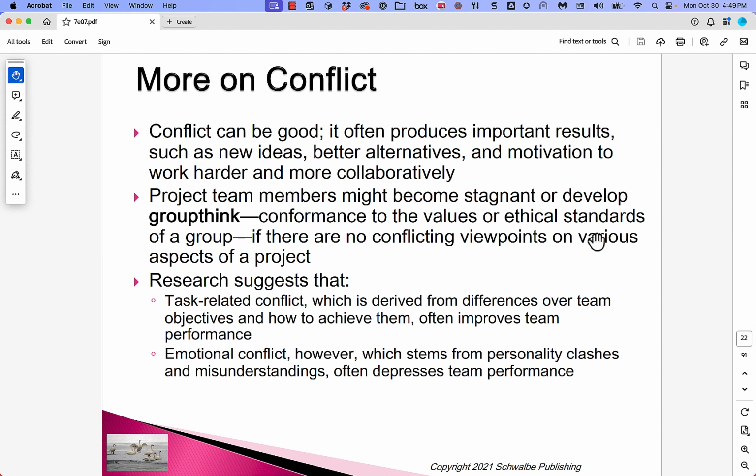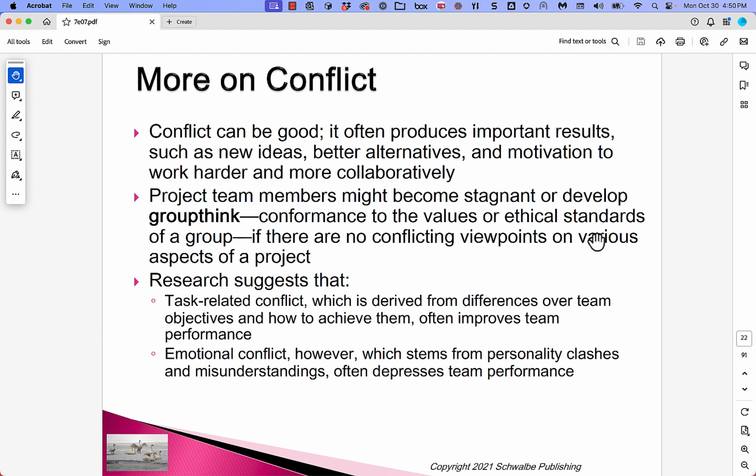Conflict can be good. It produces important results such as new ideas, better alternatives, and motivation to work harder and more collaboratively. Project team members might become stagnant or develop groupthink, conformance to the values or ethical standards of a group, if there are no conflicting viewpoints on various aspects of the project.